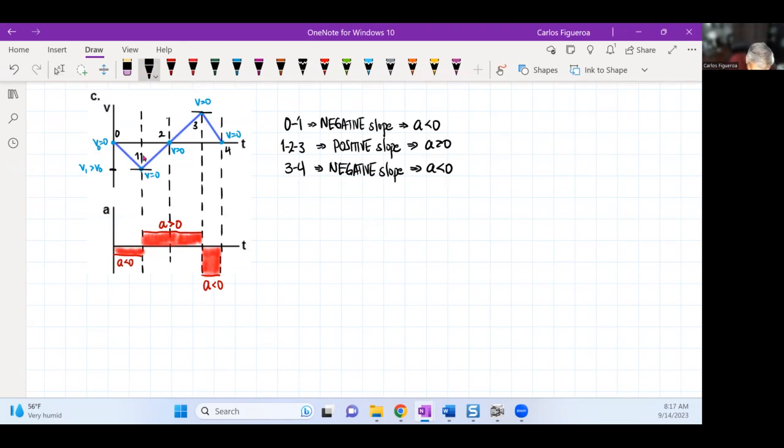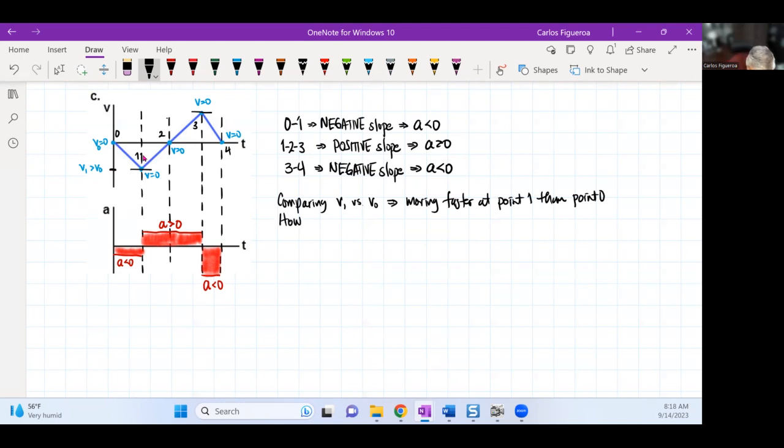So if I compare the speeds, that means comparing v1 versus v0, we're seeing that it's moving faster at point 1 than point 0. But it's moving in the negative direction.